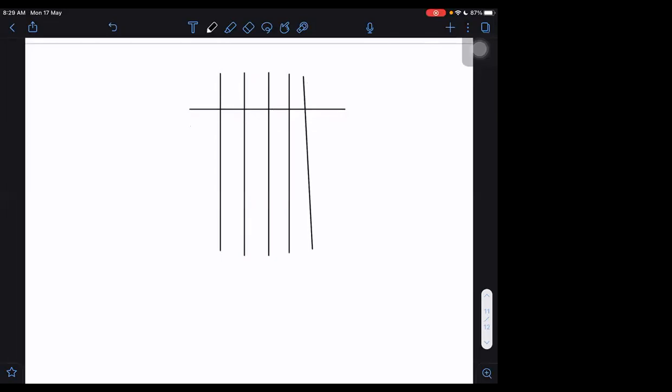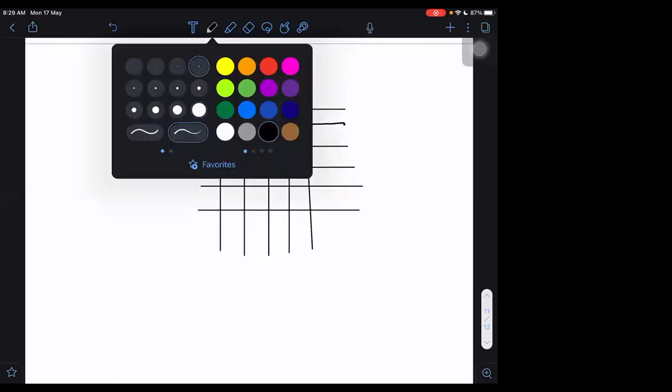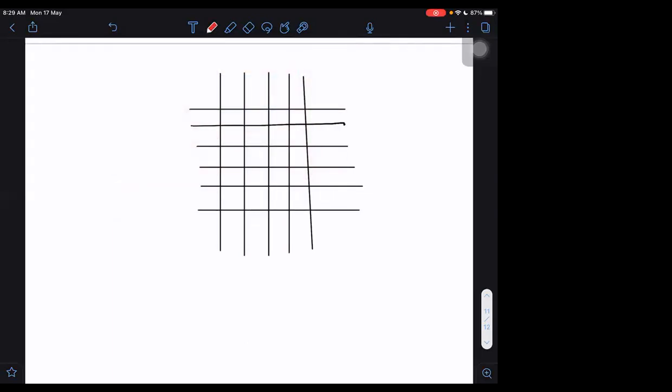A complete grid I will take here. Now let us say this is A and this is B. Each small part in this has resistance small r.